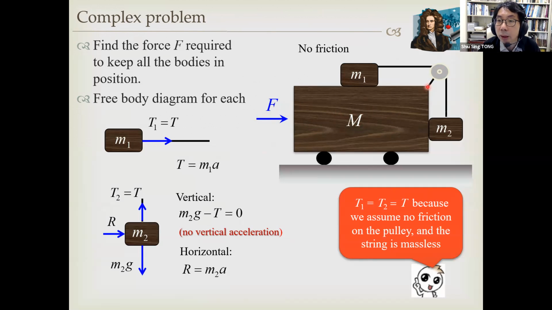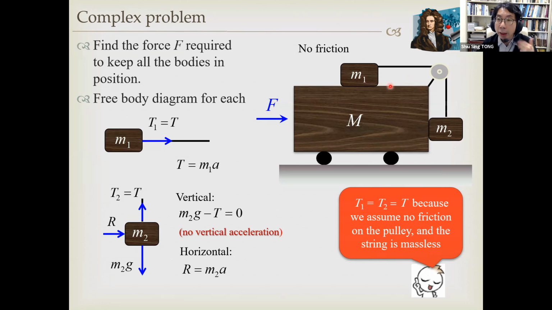On one side of the pulley, there's a hanging mass M2. The mass M2 is hanging in front of the trolley. And there's a string that passes through the pulley and is connected with a mass M1, which rests on the top of the trolley, which is a horizontal surface, of course.